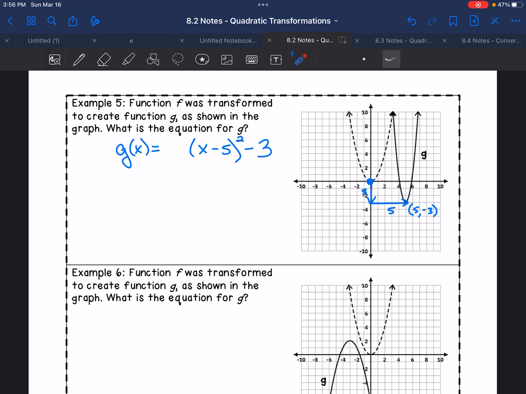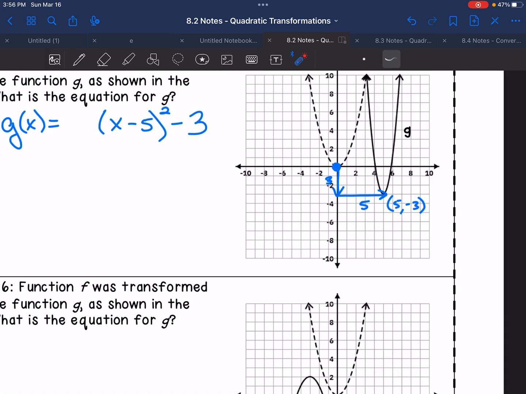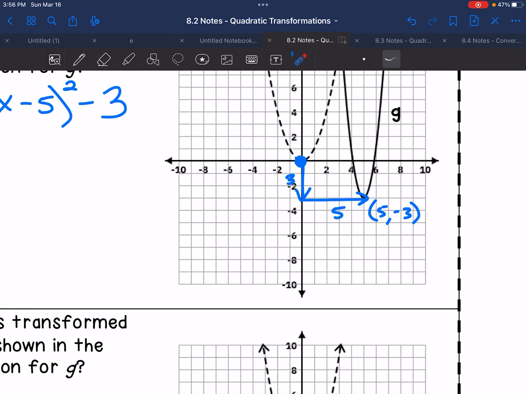All right. Now, the next thing is trying to figure out if something needs to go out front, outside the parentheses. I didn't flip over, so there's no reflection, so I don't need a negative out front. But I do need to see if it needs to be multiplied by a number. That's when I check to see if this is wider or narrower than the original.